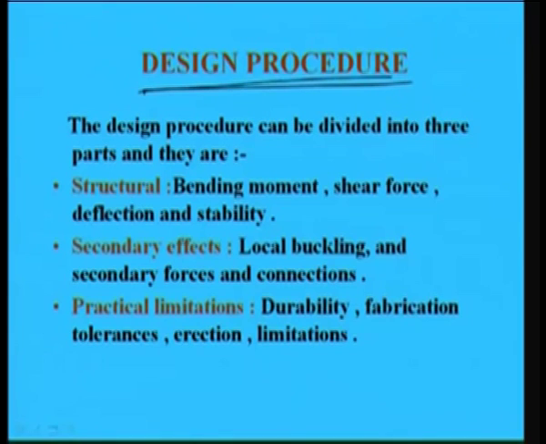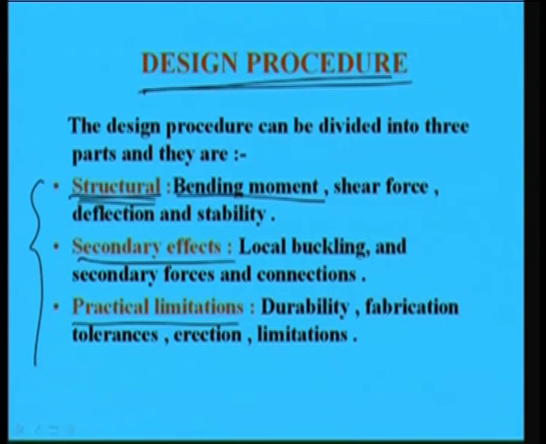Now, first we will see the aspects of design, meaning the design procedure. The design procedure can be divided into three parts: one is structural effects, another is secondary effects, and then practical limitations. When we go for designing, we will see the structural requirements.